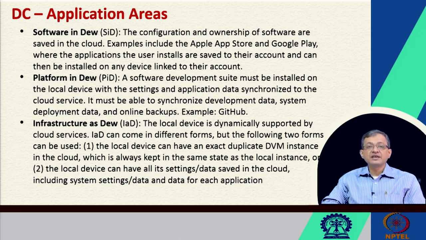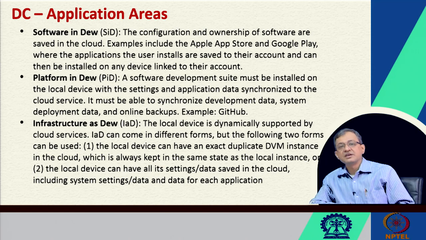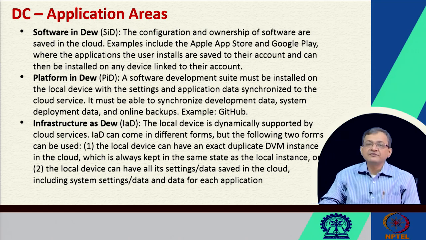The local device can have an exact duplicate DVM, the DIU virtual machine instance that we discussed, in the cloud, which is always kept in the same state as the local instance whenever connectivity is there. Or the local device can have all its settings data saved in the cloud, including system setting data and data for each application. It depends on how things work, but we can have that infrastructure as a DIU.